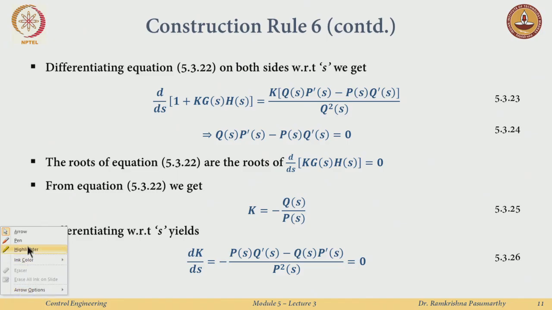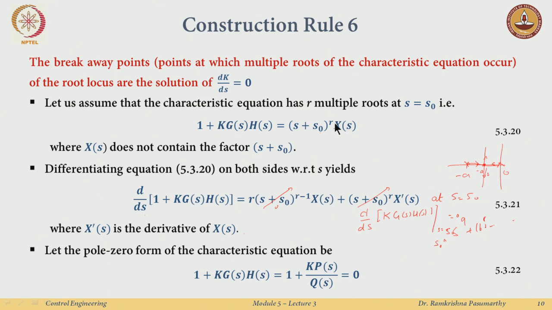Now the equivalent condition here: when does R have a multiplicity at least 2? If R was just 1, dk by ds would not be 0, it could be something else, because this term would go away. But if R is 2, this term would go to 0, and this one would also go to 0.